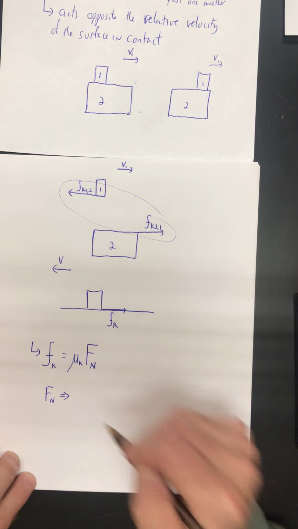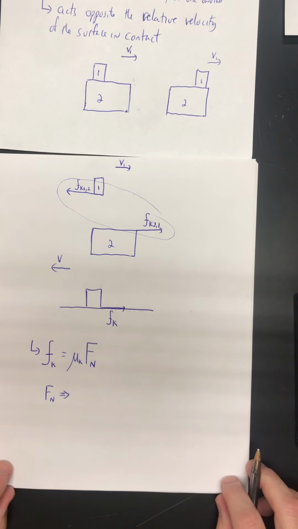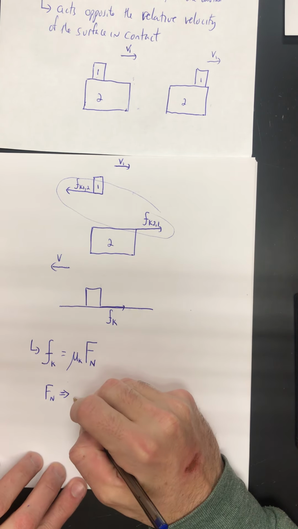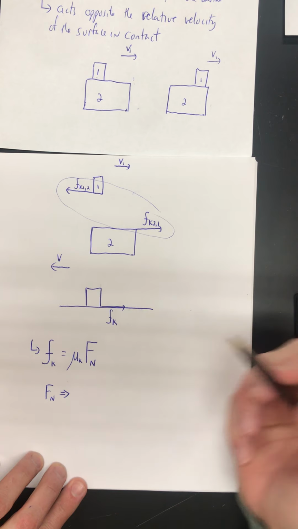Now, I want to make this very clear from the start. The normal force is not the same thing as the weight. The weight of an object does not affect the kinetic friction force as a matter of course. There's a correlation between heavier objects and kinetic friction, but it is not a causation, right? What affects it is Fn. Fn is a force of contact between the two objects, right?